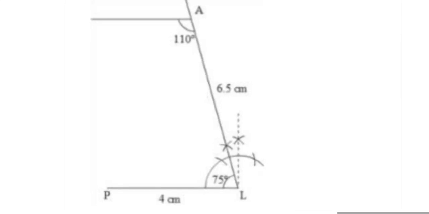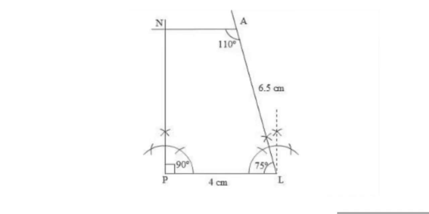Again draw an angle of 110 degree at point A. Now draw an angle of 90 degree at point P. This ray will meet the previously drawn ray from A at point N. Now PLAN is the required quadrilateral.